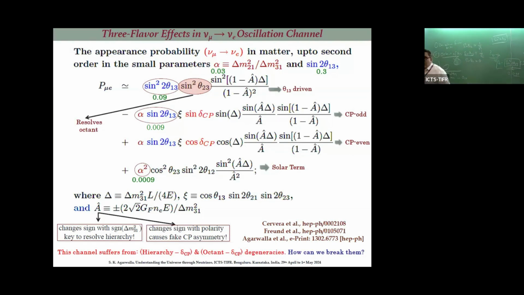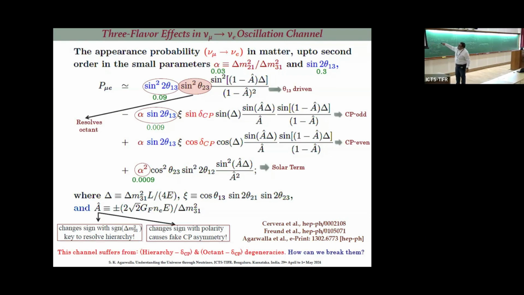Here you are not blind to octant. You can measure the octant because octant means sine square theta 23 is either 0.42 or 0.58 or something. So you are convinced that this channel gives you octant also? Yes or no? The leading term contains sine square theta 23. This theta 13 is fixed by reactor.